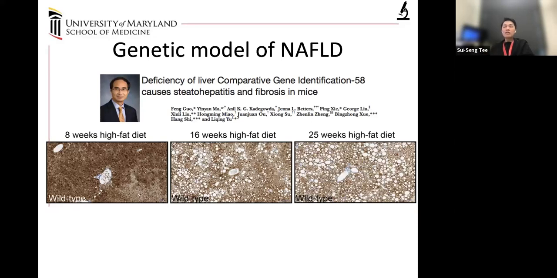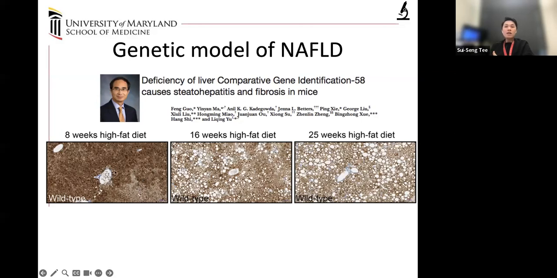This model is free from diet-induced effects. It's free from metabolic effects. A single gene is knocked out in this model. This gene is called CGI58, and it's involved in lipolysis. Once this gene is knocked out, the liver stores large amounts of fat, which leads on to inflammation. So again, this is an IHC with KHK.